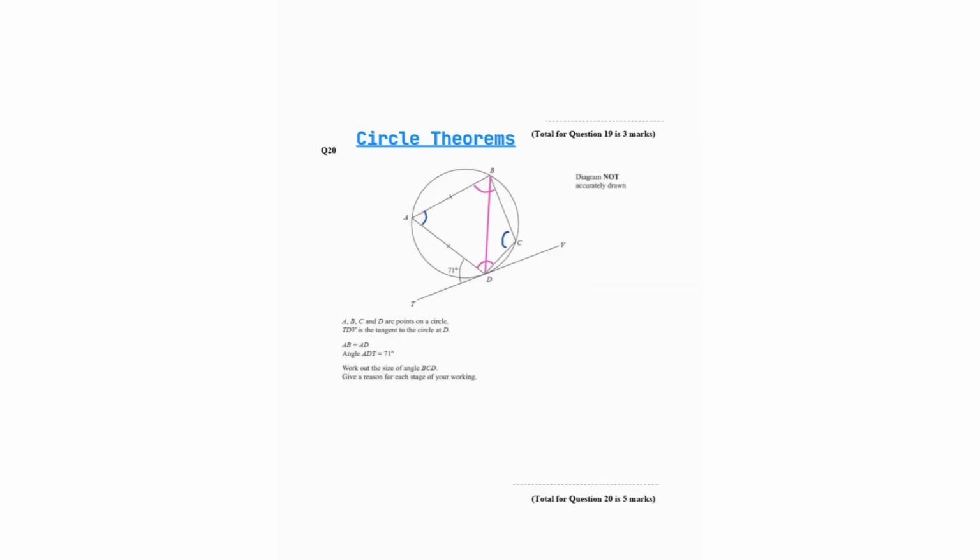According to the alternate segment theorem, if this angle over here is 71, this would also be 71. Whatever this angle A is, this is going to be that as well.